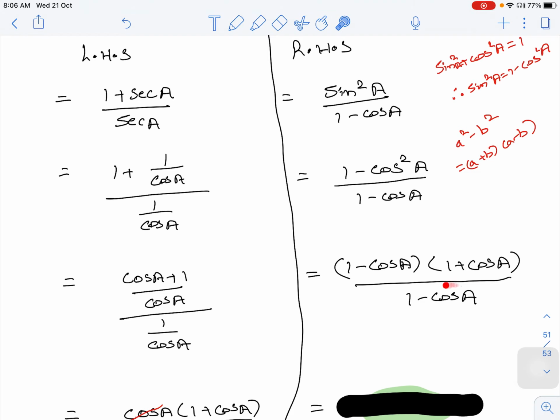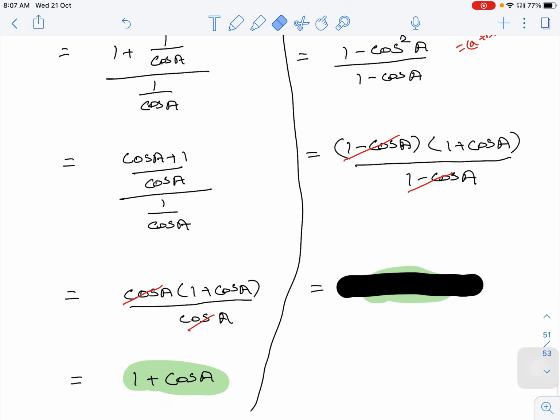Okay, our denominator is as it is. Now here it can be seen that this 1 minus cos A and this 1 minus cos A, we can cancel. Okay, so when we cancel it, finally we get it equal to 1 plus cos A. Now, here we can see that LHS is also 1 plus cos A, RHS is also 1 plus cos A.